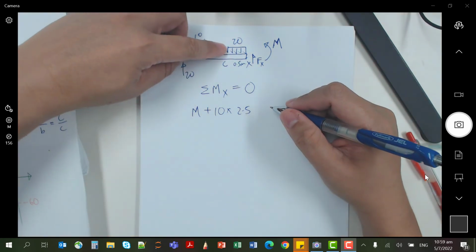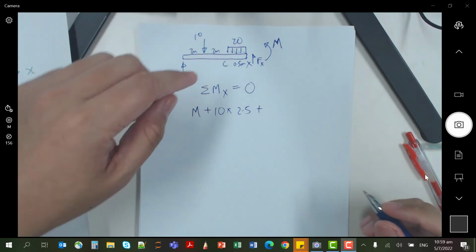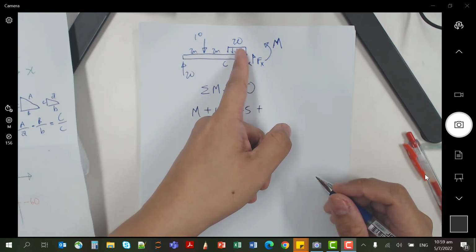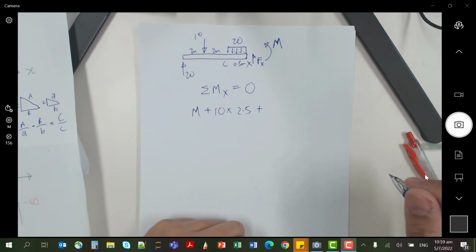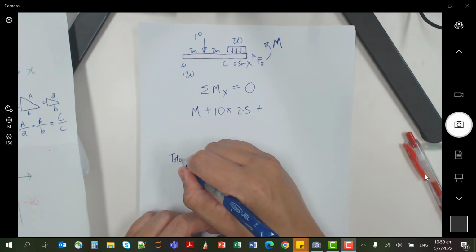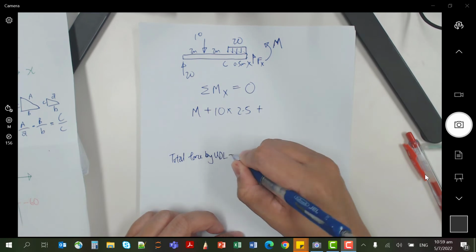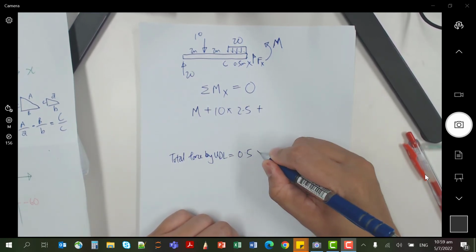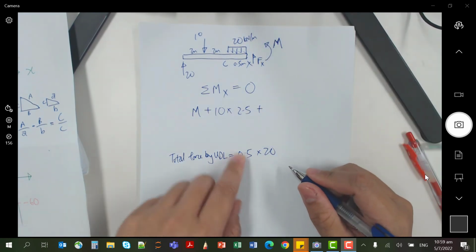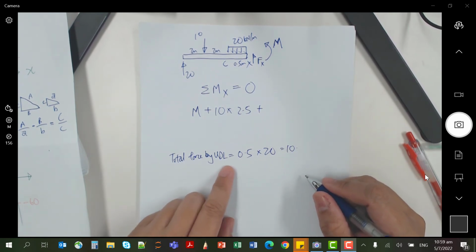And the positive moment caused by the UDL. Again, to find a moment, the UDL can be represented by one single force acting at its center. So what is the total force over here? The total force by the UDL is the length multiplied by 20, because this is 20 kilonewton per meter. 0.5 times 20, so this is 10, acting at the center.